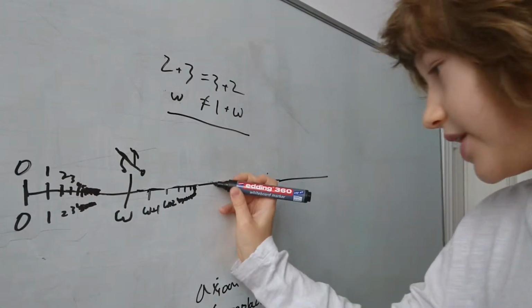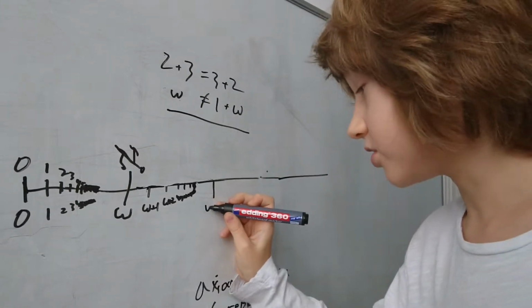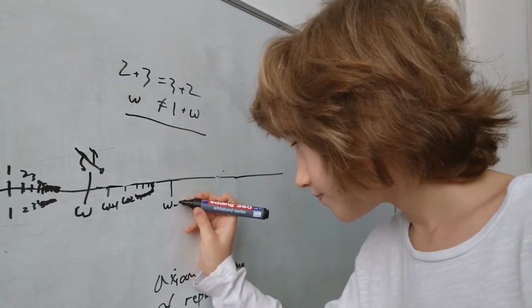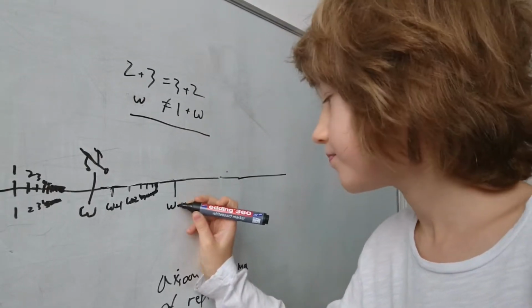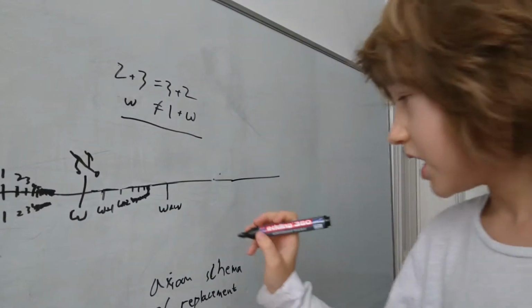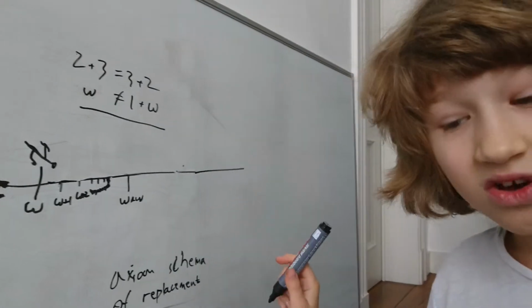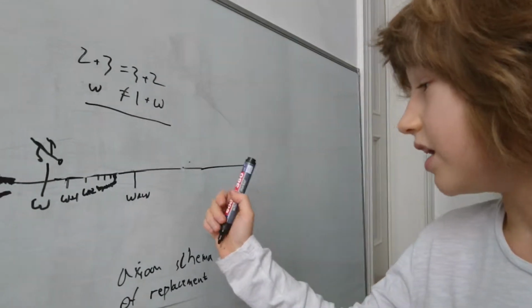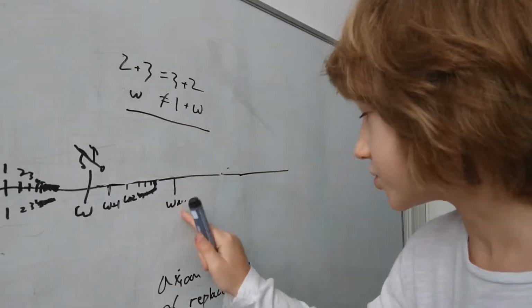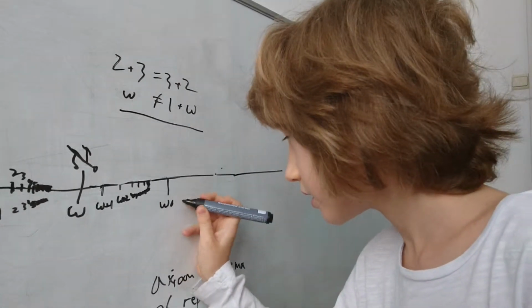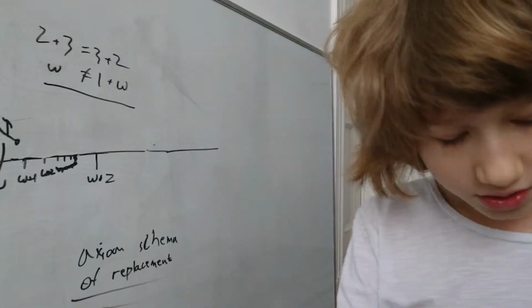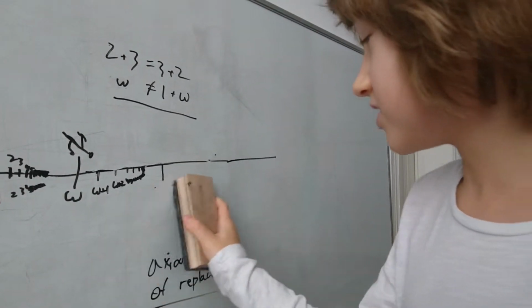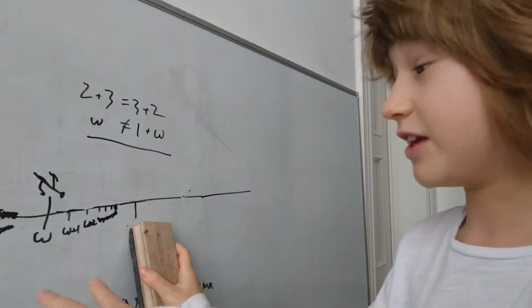Eventually we get to omega plus omega. That's just omega times 2, right? Oh, that's where the omega times 2 comes from.